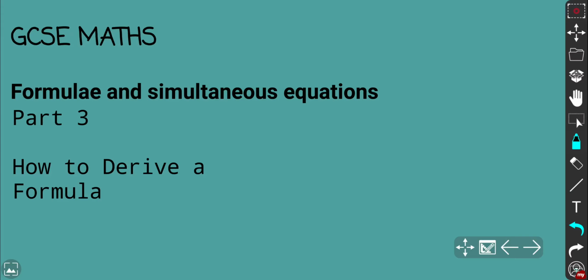Hey guys, we are on Formulae simultaneous equations, and today I'm sharing my way how to derive the formula. There are lots of formulas that can be derived from basic ones. For example, if you consider perimeter, you can generalize the way of how to calculate perimeter through two sides.